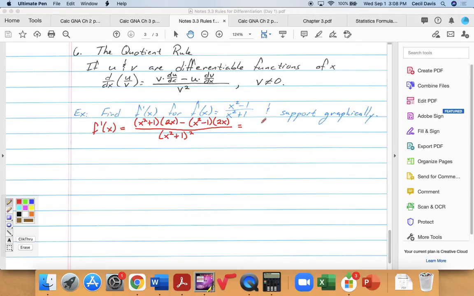So we'll distribute, that'll be 2x cubed plus 2x minus 2x cubed plus 2x over x squared plus 1 quantity squared. The 2x cubes are going to add out, and I get 4x over x squared plus 1 quantity squared.